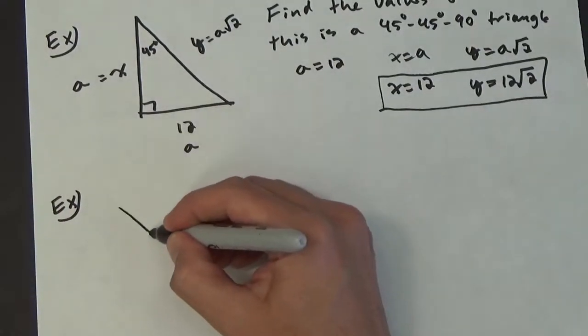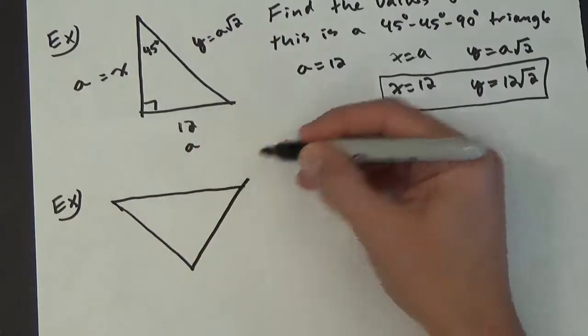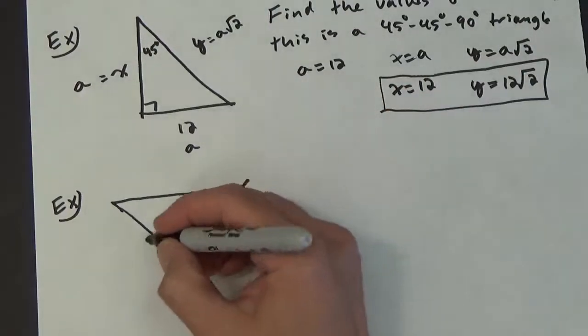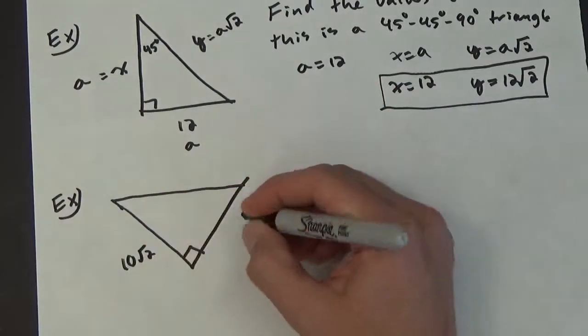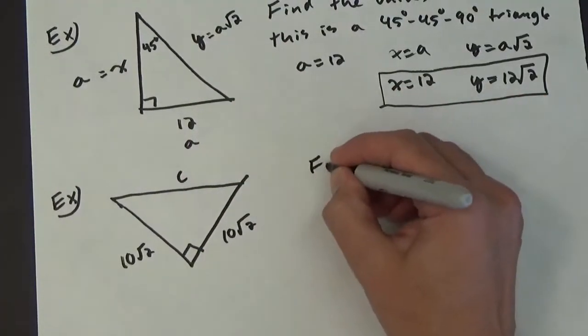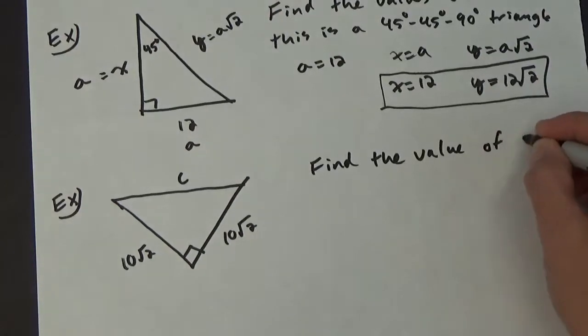Let's say we have this triangle here. And we want to find the value of c.